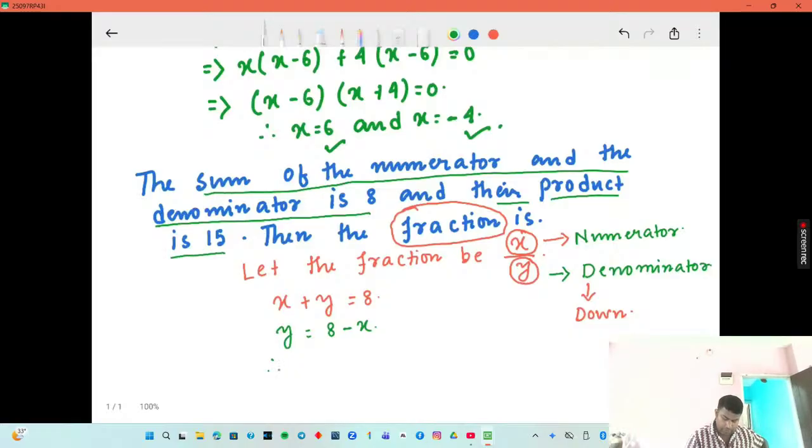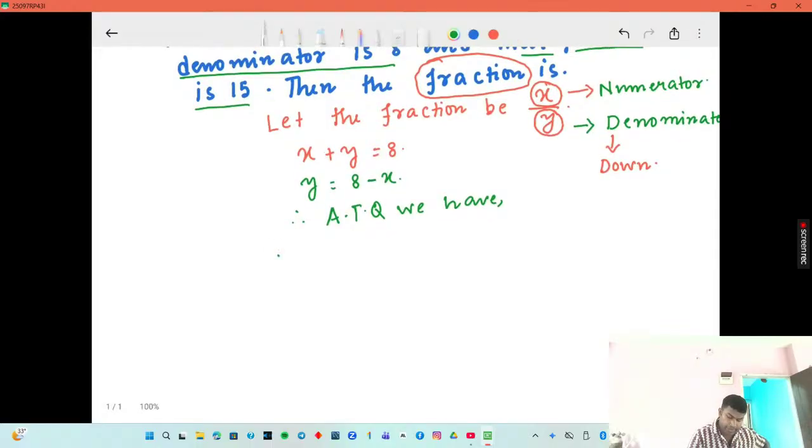So according to the question we can write x into 8 minus x is equal to 15. Now, if we can find the value of x and y, then we can find the value of the fraction. In order to find the fraction, first we have to solve this equation to find the value of x. So now I will be solving this equation.